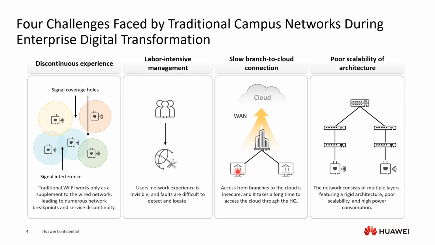And lastly, in traditional networks, if a campus has only one building, that's all right. The three-layer architecture works, where we have access, aggregation, and core. But if we go for a campus with multiple buildings, and users move from building 1 to building 2, scalability is very hard to achieve.